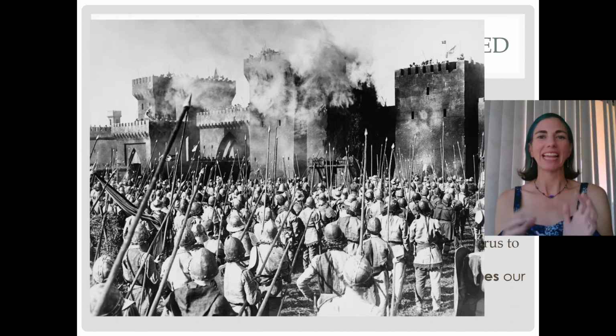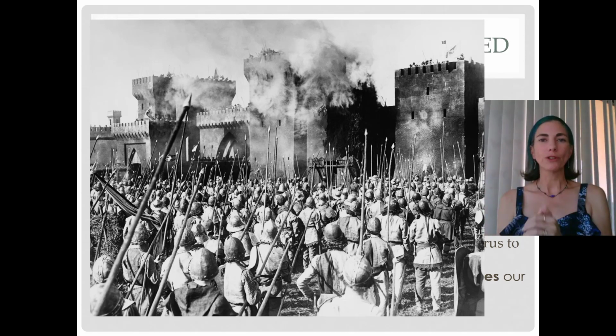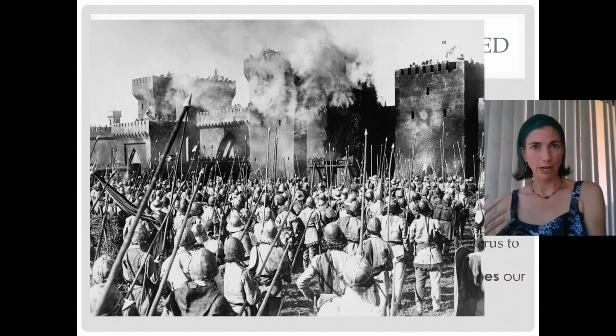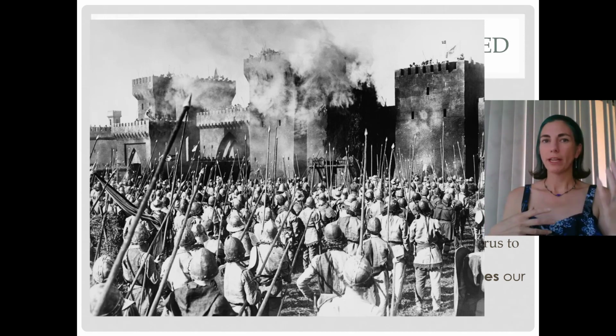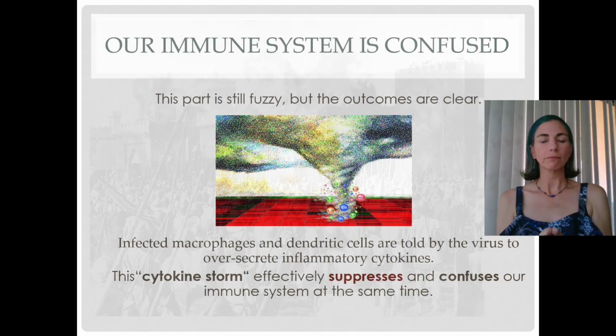When they get up close to the castle, they all throw their spears at the castle. That would be analogous to a directed attack by our immune system, of which cytokines are like the spears. We have a certain amount of cytokines, they're useful, but they're meant to be directed at a real problem.